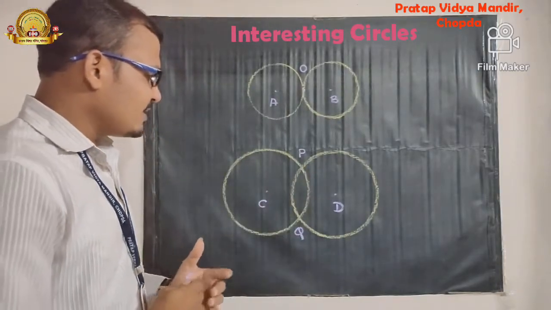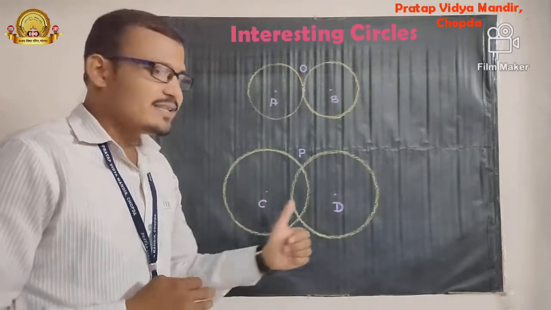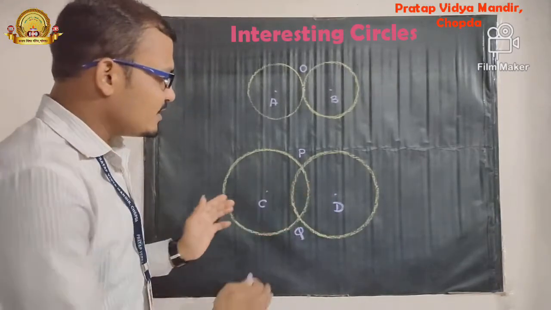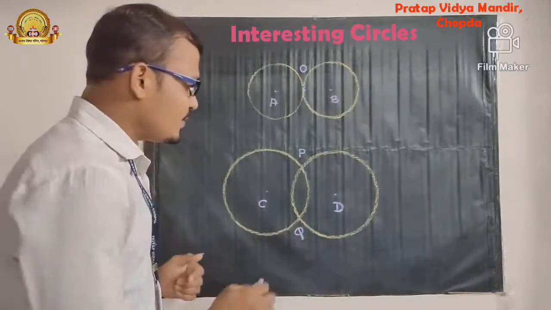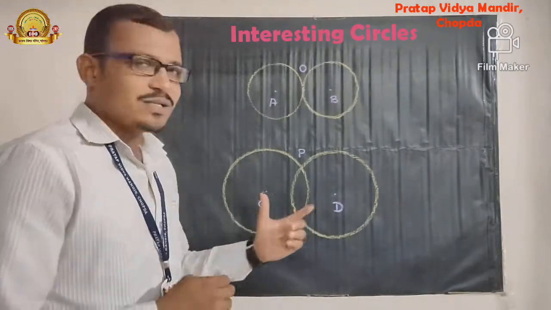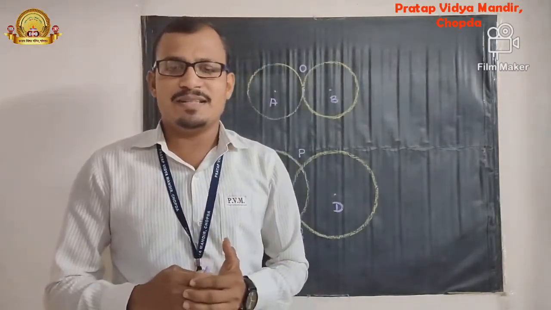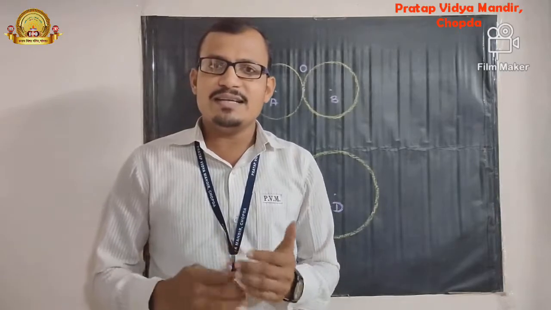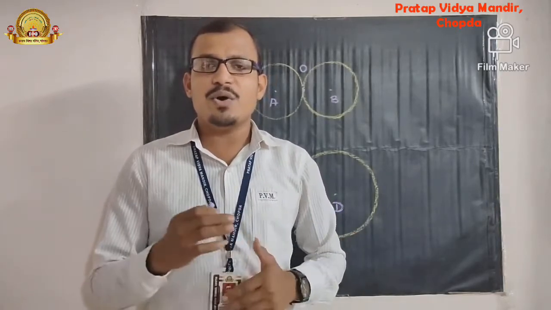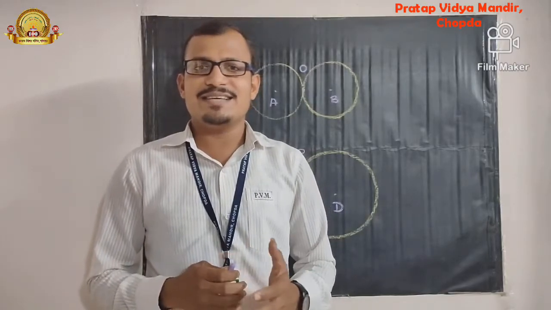In the second figure there are also two circles, one with center C and the second with center D, but here these two circles intersect in two distinct points, point P and point Q. So these are also intersecting circles. Always remember that when two circles intersect either in a single point or in more than one point, then those circles are called intersecting circles.